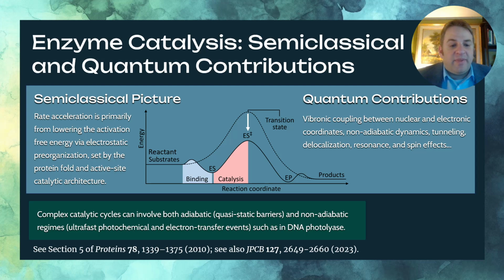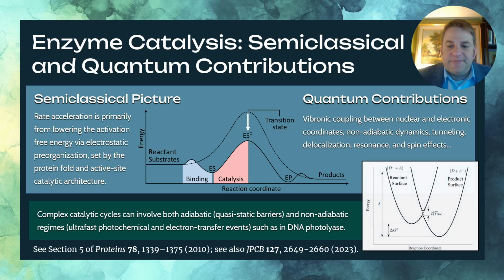And in fact, complex catalytic cycles can both involve adiabatic, by which we mean essentially static barriers, quasi-static to a physicist, and non-adiabatic regimes, which involve ultrafast dynamics, such as photochemical or electron transfer events, like we see in the DNA repair enzyme photolyase, which we considered in our last lecture.